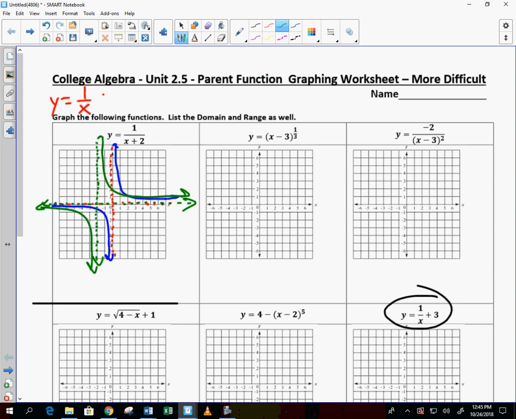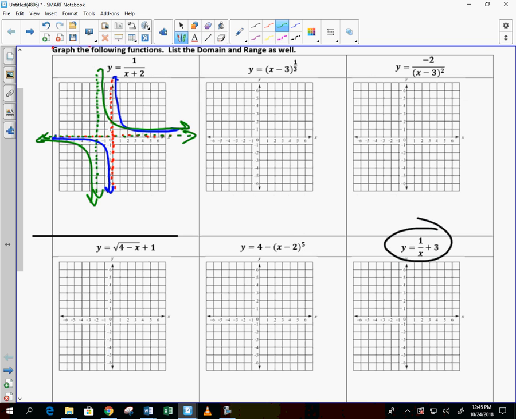What we would like to also do is state the domain and the range for this. What is the domain of that function? Remember, for domain, we drag a vertical line across. What's the only spot that you don't have an x value? 0 for the original one, but for the green one, -2.